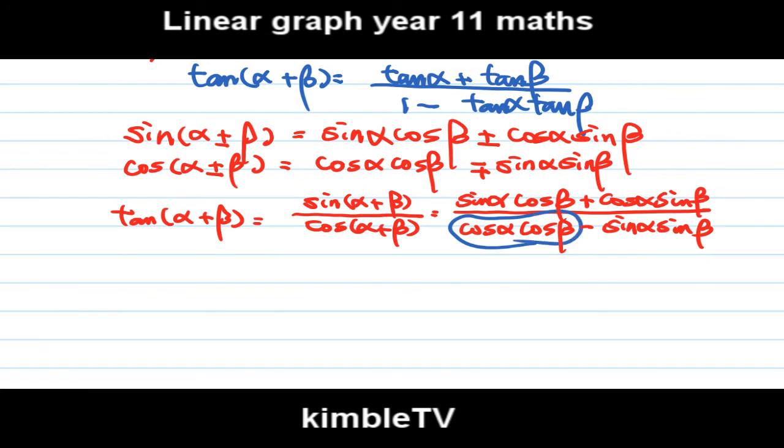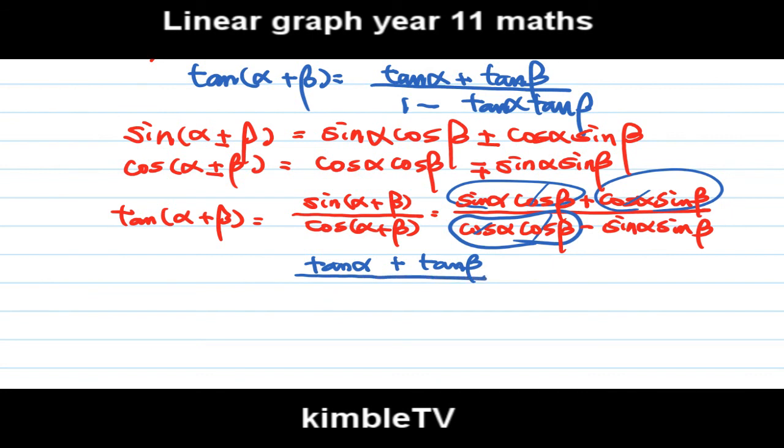Therefore, this will be tan alpha, because sine alpha cos beta over cos alpha cos beta is tan alpha, and the second term, cos alpha sine beta over cos alpha cos beta, gives tan beta, while the denominator becomes 1 minus sine alpha sine beta over cos alpha cos beta.